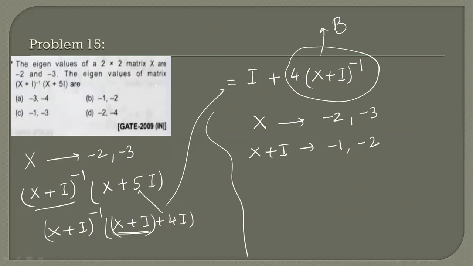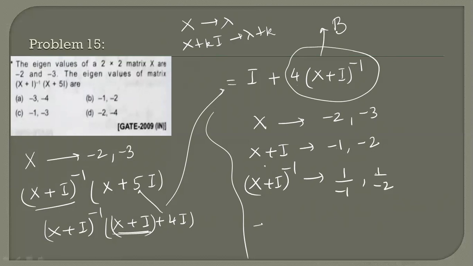I have told you, if the eigenvalue of X is lambda, then the eigenvalue of X + kI will be lambda + k. Here k equal to 1, so it will be -1, -2. Now what will be the eigenvalues of (X + I) inverse? It will just be the reciprocals, 1 upon -1 and 1 upon -2. And what will be the eigenvalues of 4 times (X + I) inverse? You just multiply by 4, it will be -4, -2.